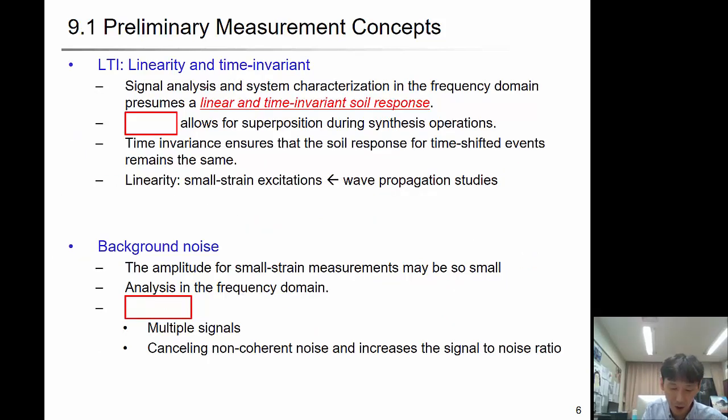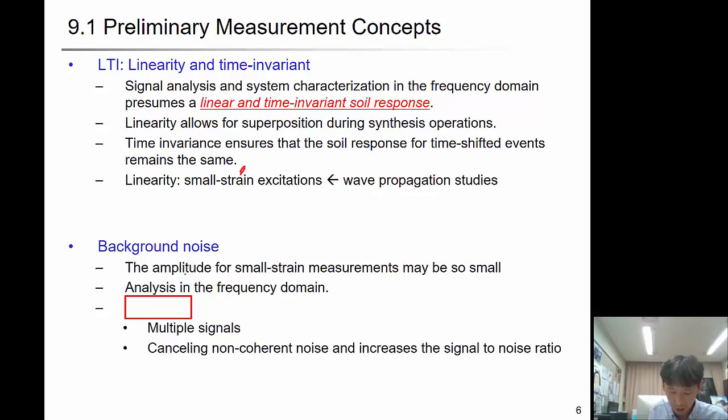And linearity and time invariance, LTI, help the signal processing. The signal analysis and system characterization in the frequency domain presume the linearity and time invariance of the response. This linearity allows for superposition during synthesis operations, and time invariance ensures that the response from time-shifted events remains the same.